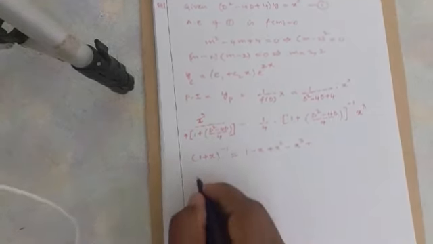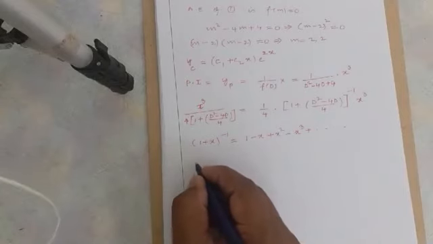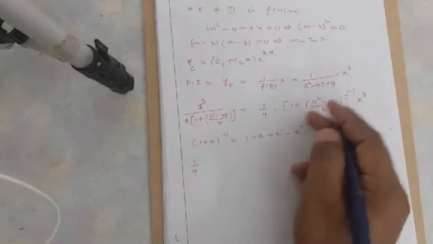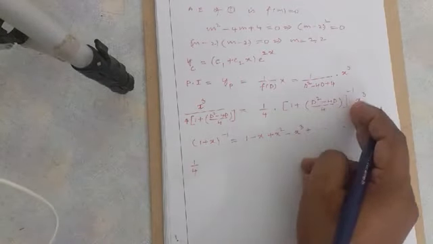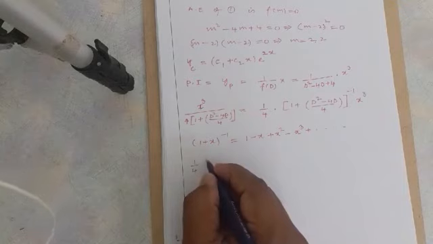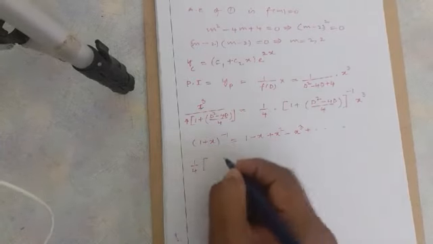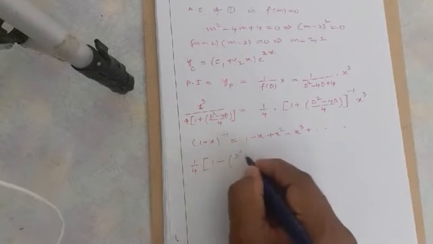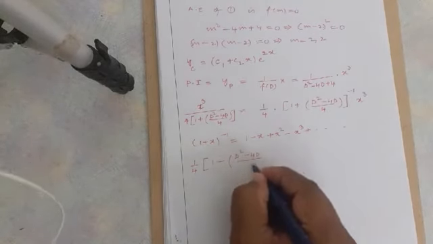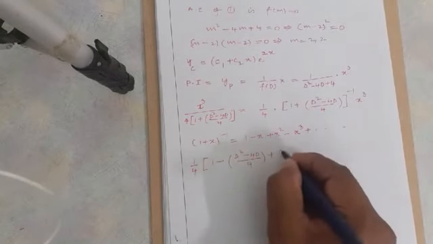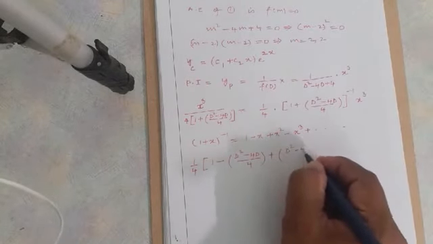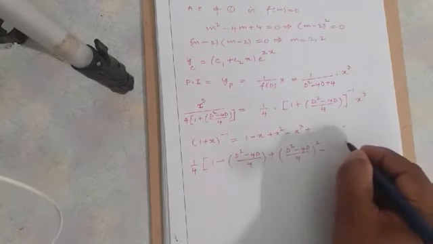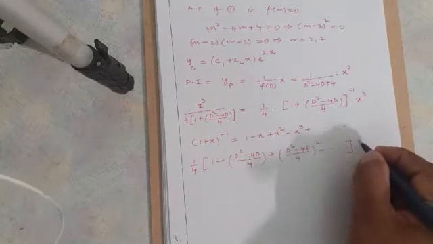Now let us write in that expansion, so this becomes 1 upon 4, and in the bracket, 1 minus D square minus 4D upon 4 plus D square minus 4D upon 4 whole square minus and so on, close the bracket, into x cube.